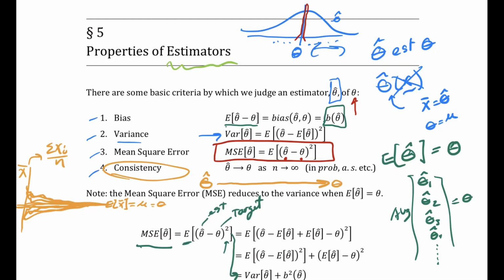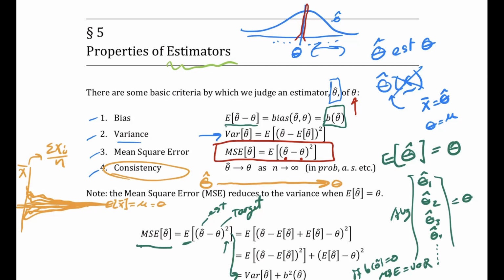So if the bias is 0, then the mean square error is equal to the variance. So we get a good sense that the mean square error is measuring our variability. How far are we off the target? What's our variance?